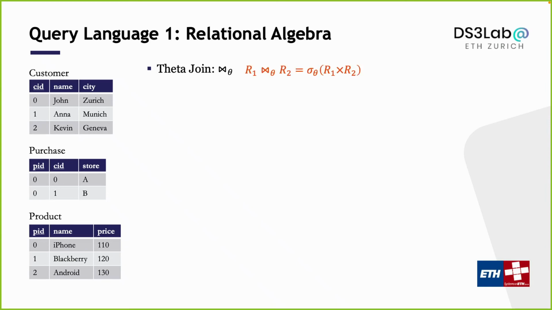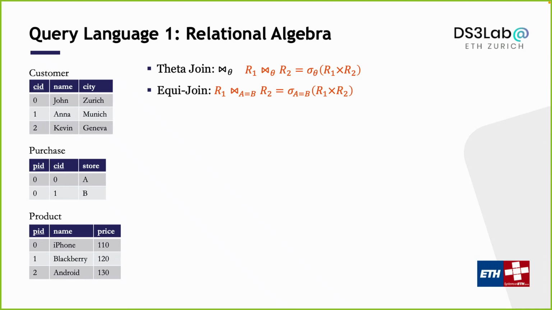Essentially, if you have a theta join between two relations, R1 and R2, I do the cross product, take all the pairs of tuples from R1 and R2, and only output those that satisfy my condition theta. So this is the theta join. It's more flexible than natural join. You can actually implement natural join in this way.